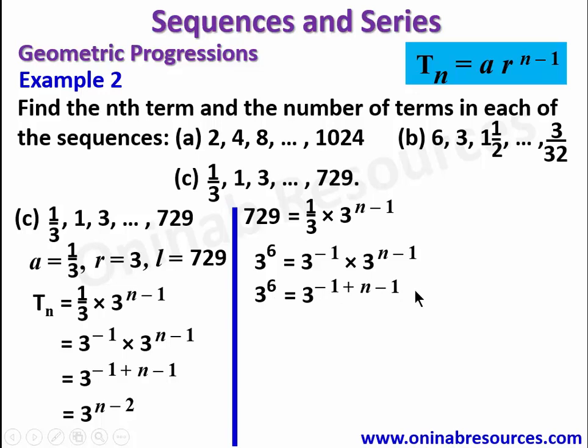The right hand side will be simplified as 3 raised to power n minus 2. So equating the indices here, we have 6 equal to n minus 2, where n is equal to 8.